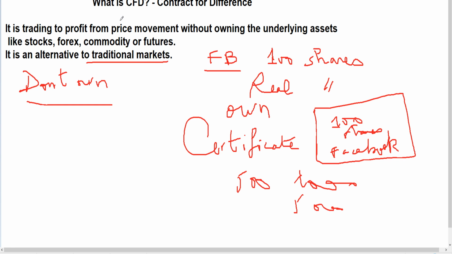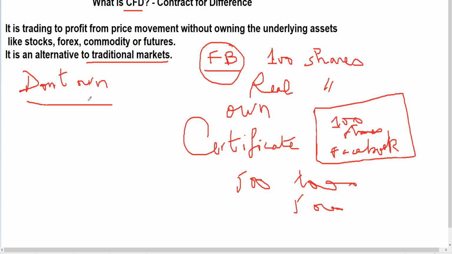Now, if you buy a CFD relying on Facebook, you are not going to own or have a certificate for that, but you have something else, and I will explain this, which is a CFD.